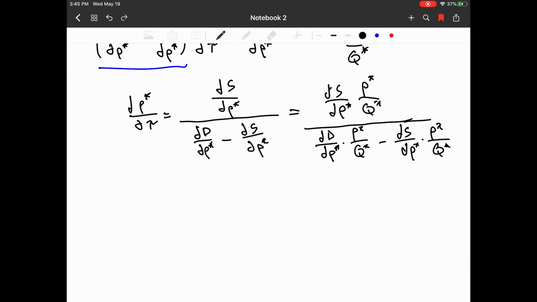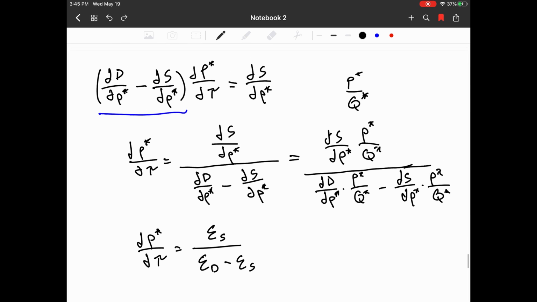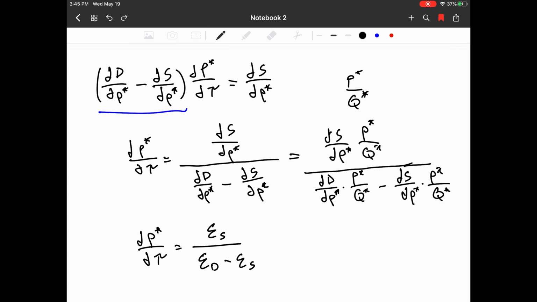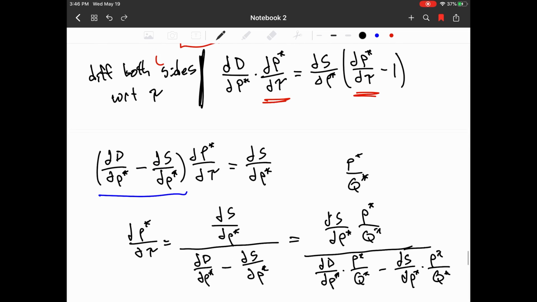So using our elasticities and substituting them into our derivative formula, we have dp star d tau is equal to elasticity of supply over elasticity of demand minus elasticity of supply. I think I did something wrong here. I'm just going to double check all the signs are correct.